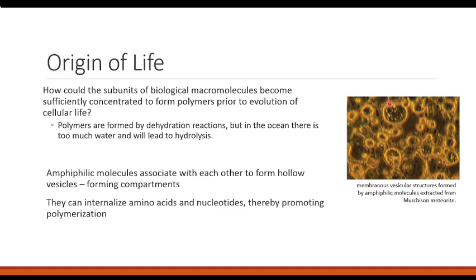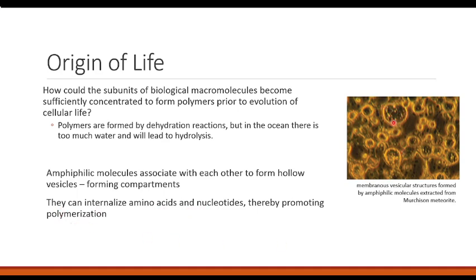So what if there can be compounds that will be able to enter that compartment? You now have a protocell. They can internalize amino acids and nucleotides, thereby promoting polymerization.